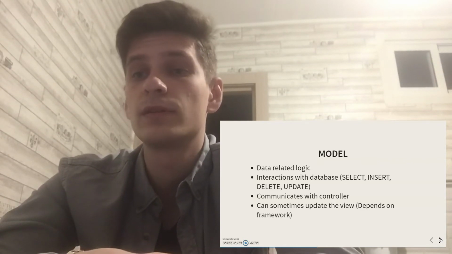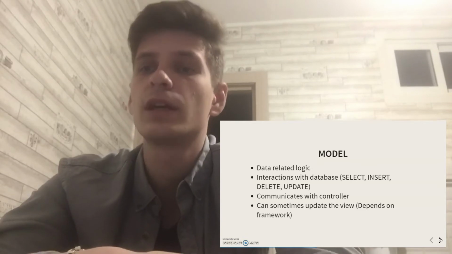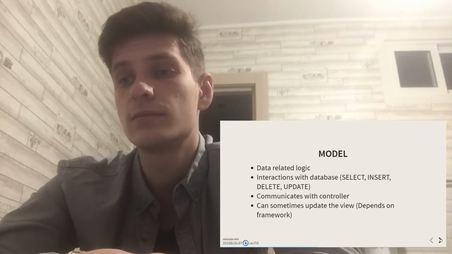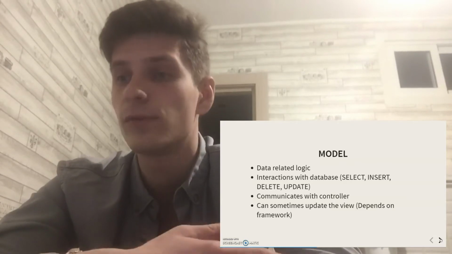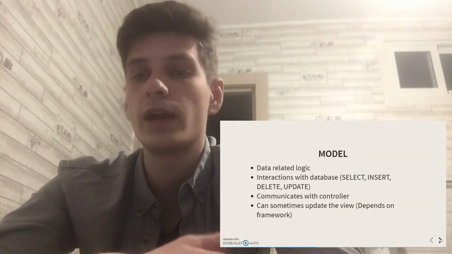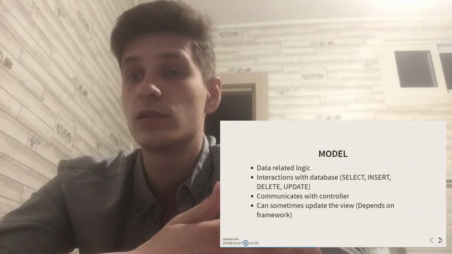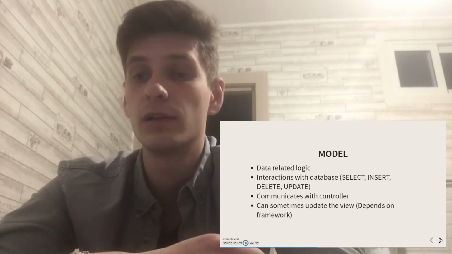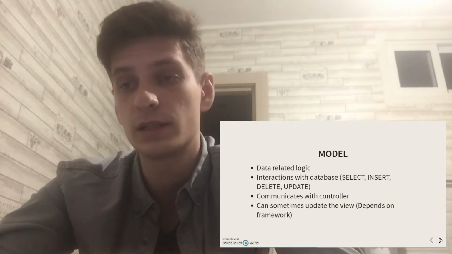And it doesn't even have to be a database that it works with. It could be just a simple file. So you could have your model interact with a JSON file and pull data from that.